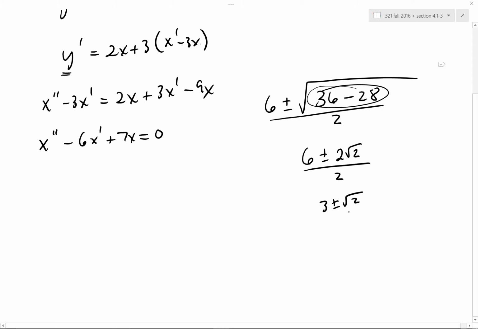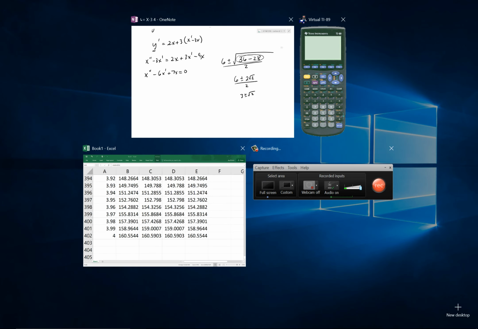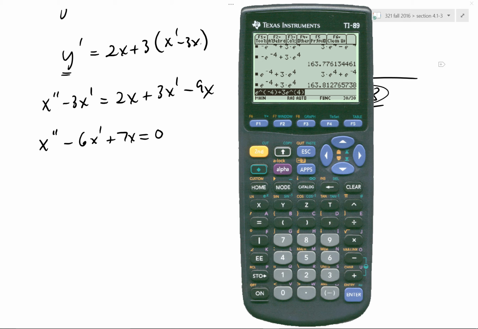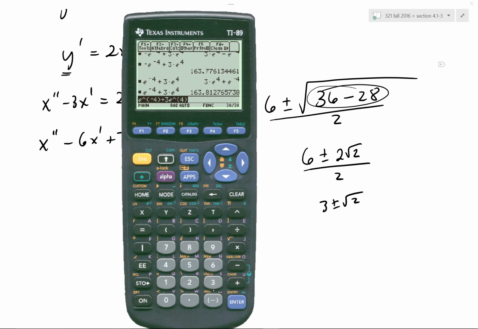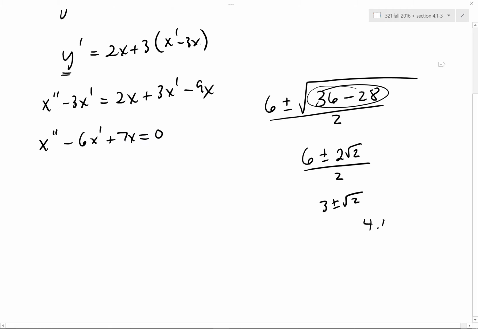And so when it's like this, excuse me, I'm not going to leave it like that. That's just disturbing. So I'm going to get my calculator and get an approximate value for that. And you could get as far out as you want to, of course. 3 plus the square root of 2. Oops, did I hit? Yes, I did. There we go. 4.14, which I should have known, come to think of it.